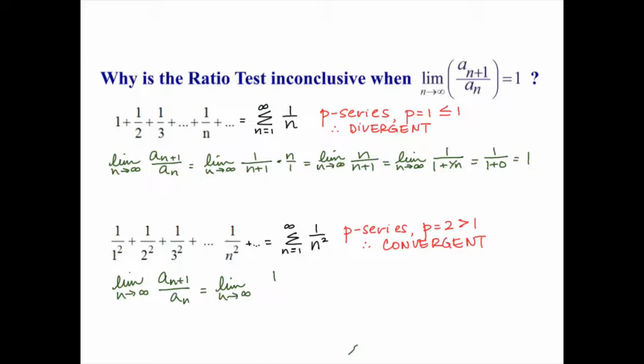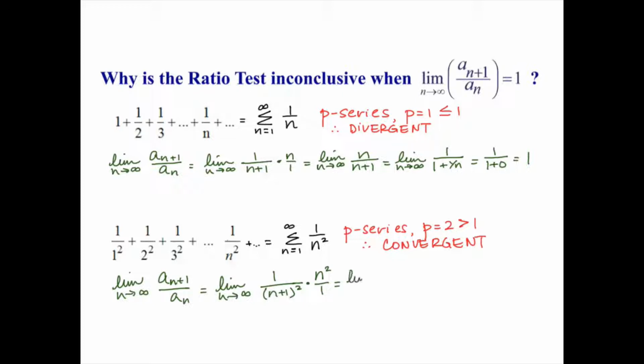Okay, so again, the limit of a sub n plus 1 over a sub n is the limit as n approaches infinity of 1 over n plus 1 squared divided by 1 over n squared, which becomes times n squared over 1.